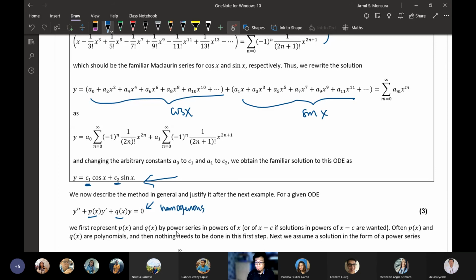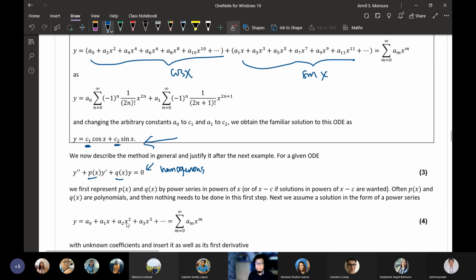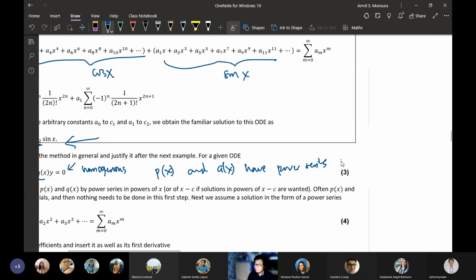We will first demonstrate the use of the power series method in solving homogeneous equations, but this time with variable coefficients. But you have to first check if P of X and Q of X have power series representation.